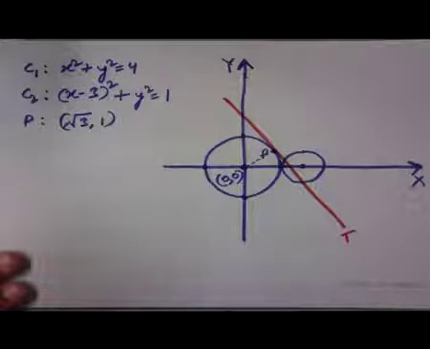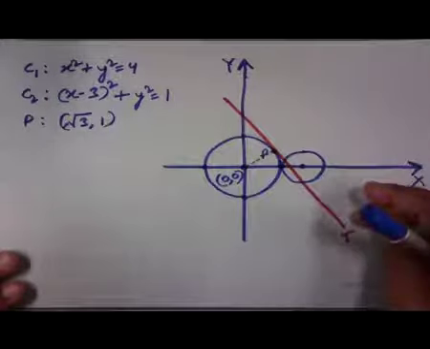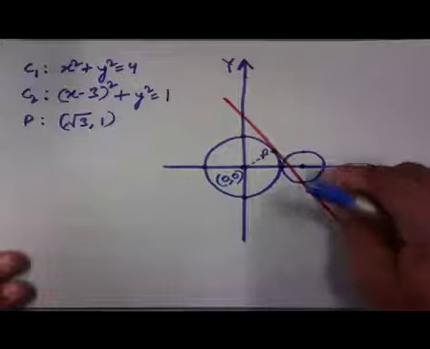It is just said that the straight line L is perpendicular to PT, and of course it is also a tangent to this other circle.